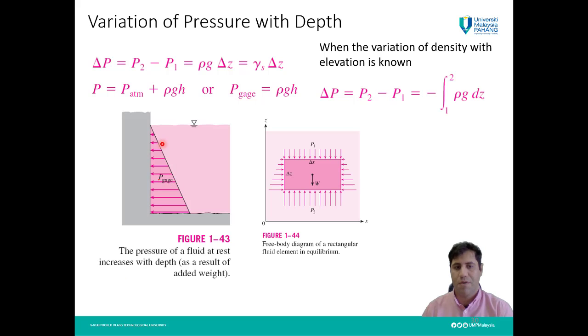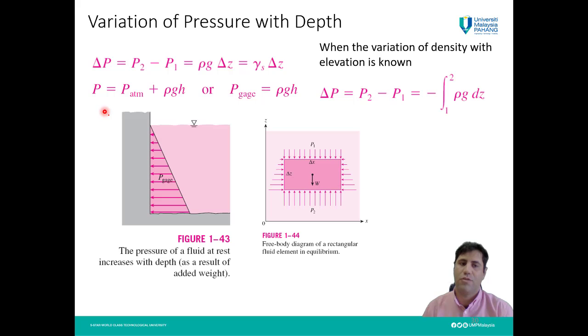You can see here, as long as we go deeper, the weight acting on that point is higher, so the pressure will be higher as well. So delta P, the difference between P1 and P2 at different depths, will depend on the depths.